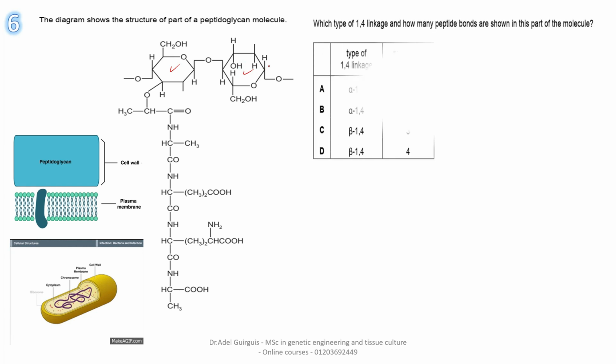The question now: which type of 1,4 linkage and how many peptide bonds are shown in this part of the molecule? Type of 1,4 linkage, alpha 1,4 or beta 1,4?